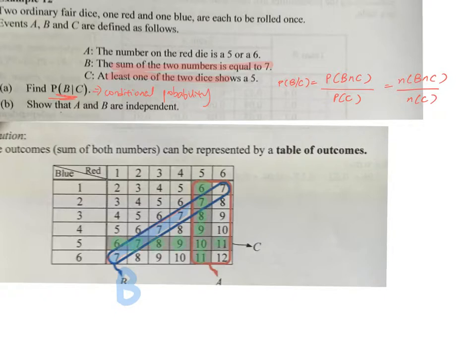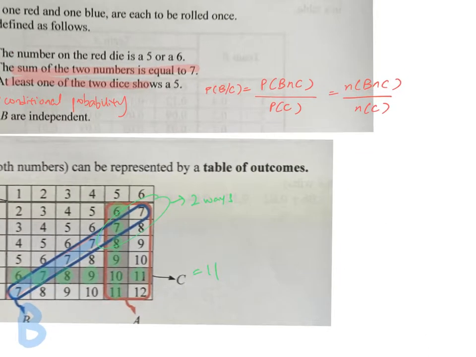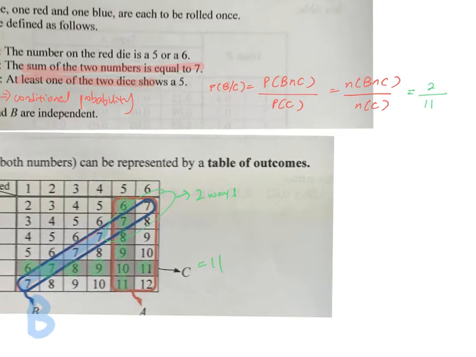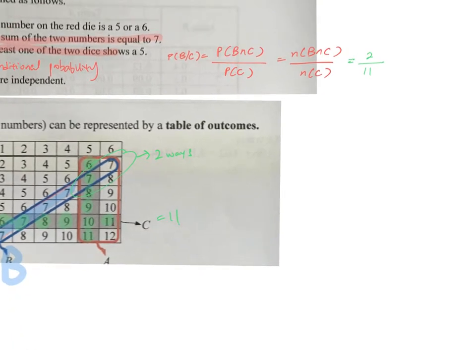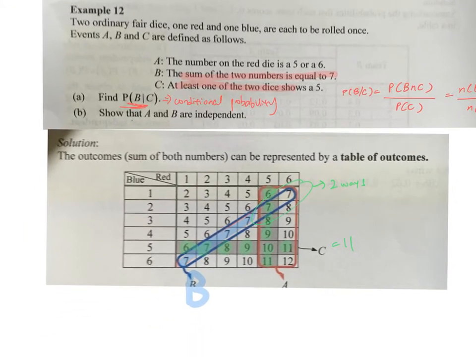All of this includes the fact that each of the two dice must show a 5. So there are a total of 11 ways that C can happen, and only 2 ways for B intersect C. So if I do a count, this would be 2 ways for B intersect C and 11 ways for C. Next, I want to show that A and B are independent.